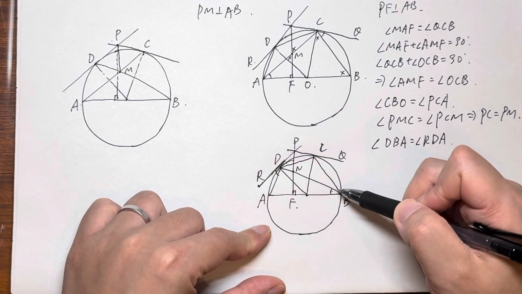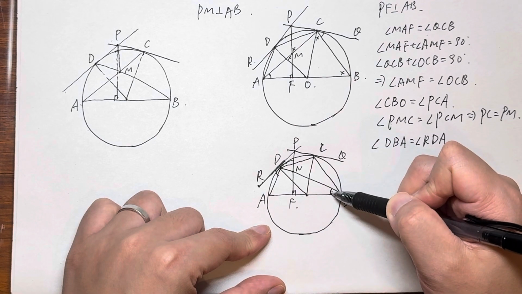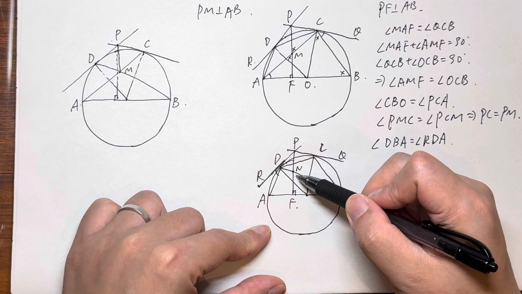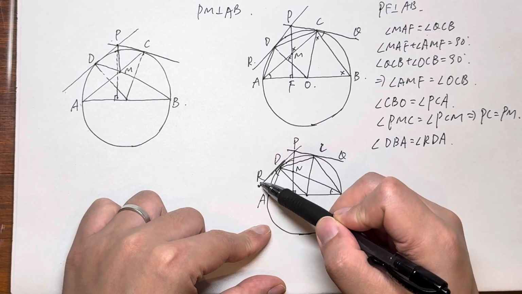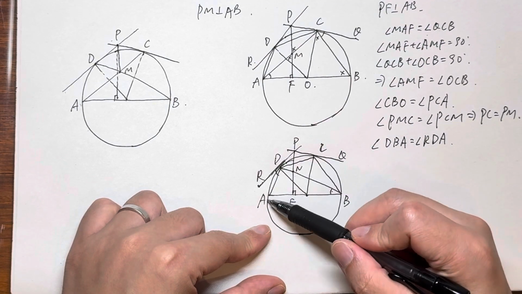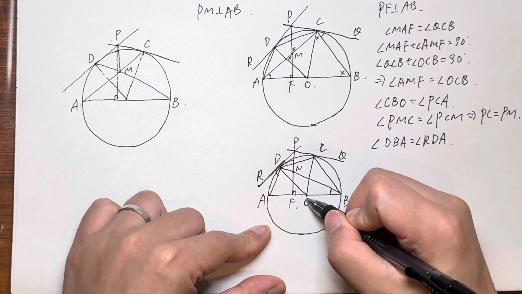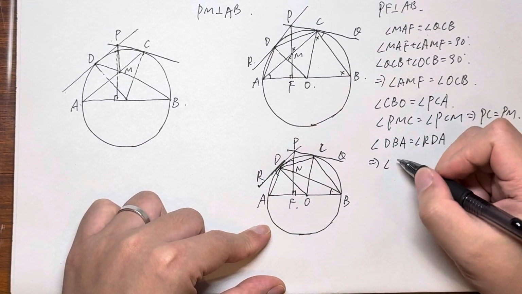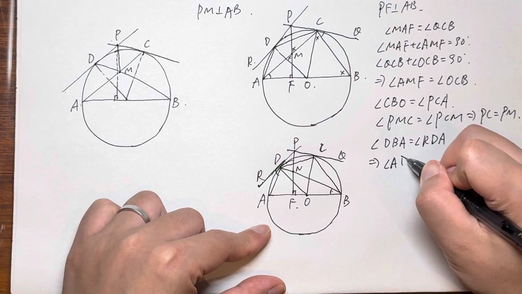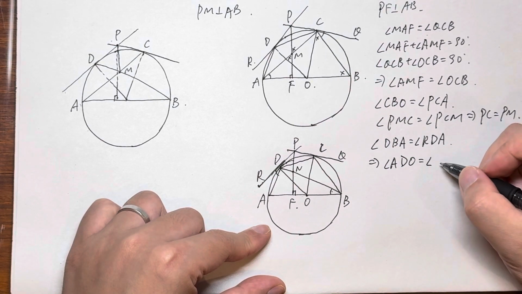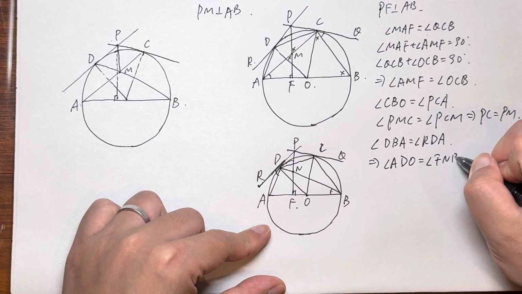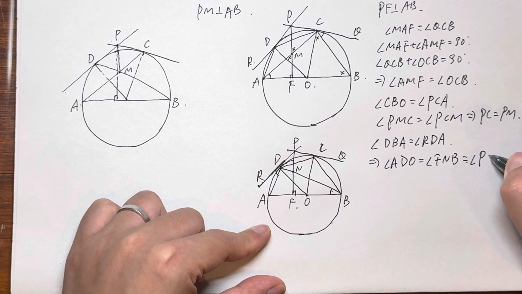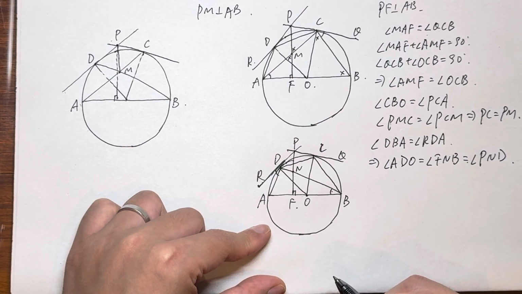Then we know that because the angle DBA plus angle FNB equals to 90 degrees, and the angle RDA plus angle ADO equals to 90 degrees, so we know that angle ADO equals to angle FNB, right? And angle FNB equals to angle PND, right?